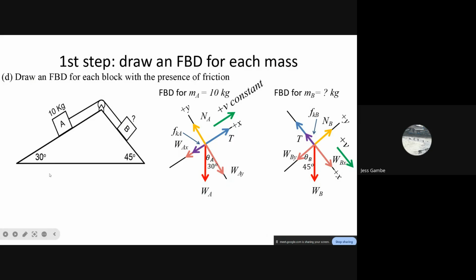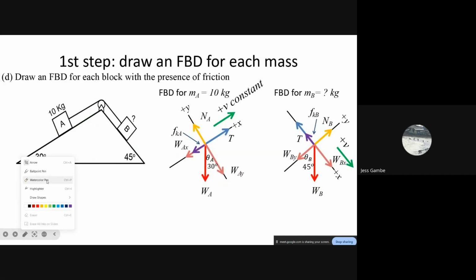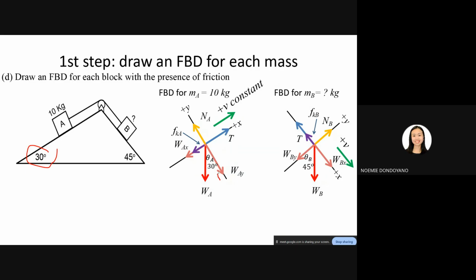Do you know that the 30 degrees here is already there in the triangle? Yes, that's right.